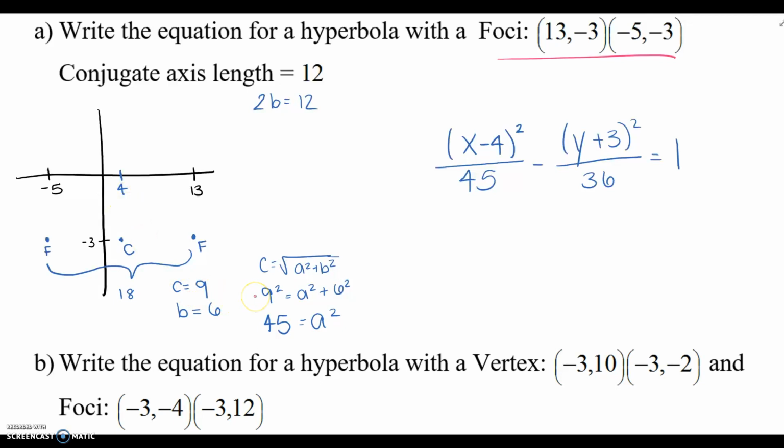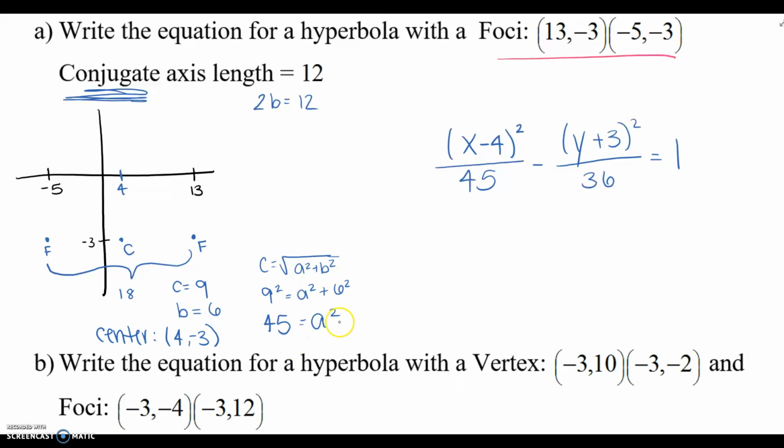That helped me find my center, because 13 minus 9 is 4. So my center is going to be at 4, negative 3. Then, because I was given my conjugate axis, I know that my b value will be half of that, so b is 6. Now this is kind of like the ellipse problems we did in the past, where I don't know what a is, but I know that to get my c value I can do the square root of a squared plus b squared and solve for a.